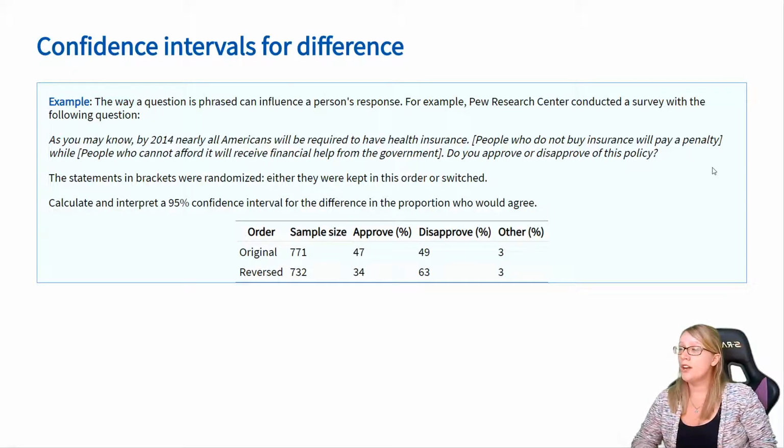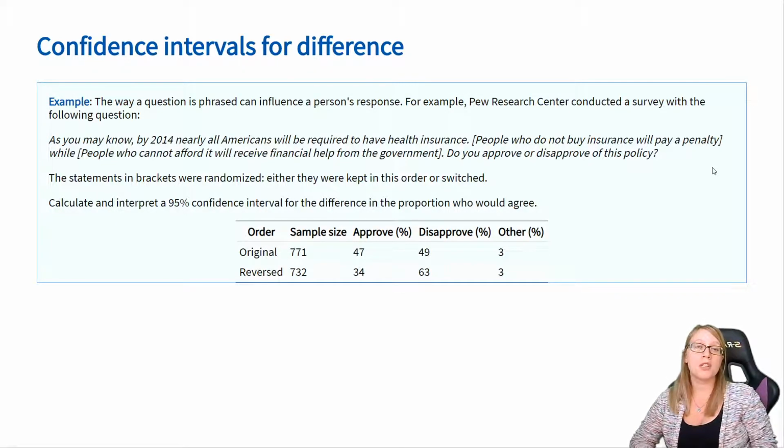The way a question is phrased can influence a person's response. So for example, the Pew Research Center conducted a survey with two forms. They asked respondents the following question. As you may know, by 2014, nearly all Americans will be required to have health insurance. People who do not buy insurance will pay a penalty, while people who cannot afford it will receive financial help from the government.